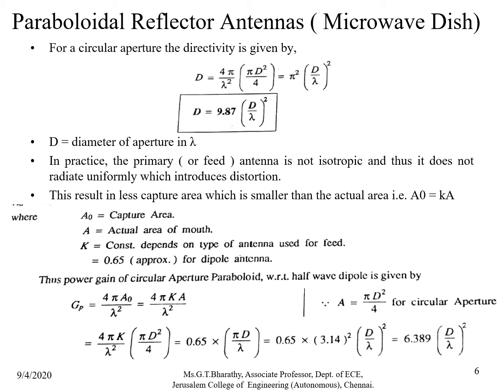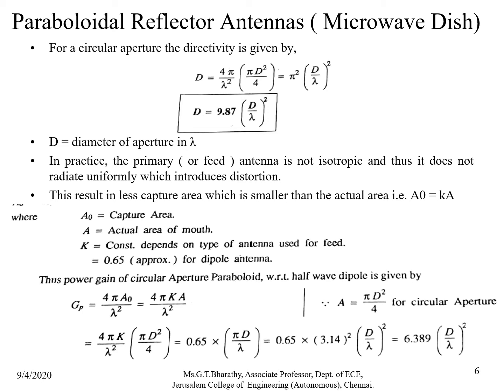The actual area will be larger, and the capture area will be lesser, given by A0 is equal to K into A, where A0 is the capture area and A is the actual area of the mouth or opening of the parabolic antenna. K is a constant which depends on the type of antenna used for feeding. Normally if a dipole antenna is used as the feed, then the K value is approximately 0.65.